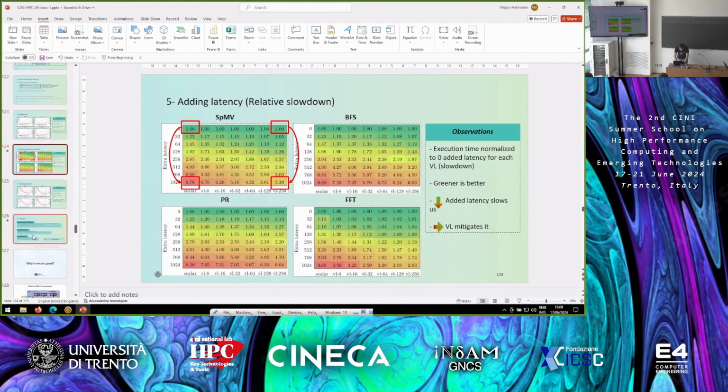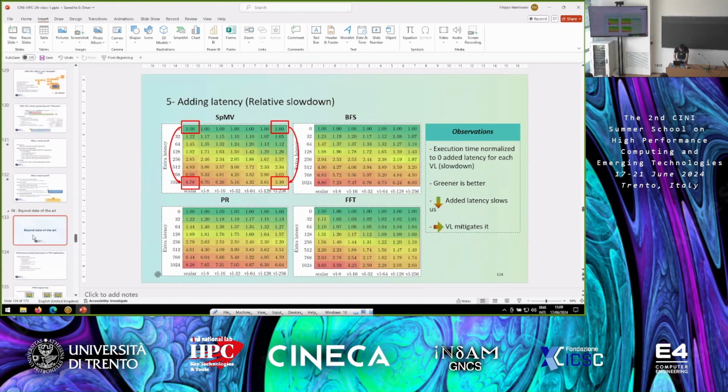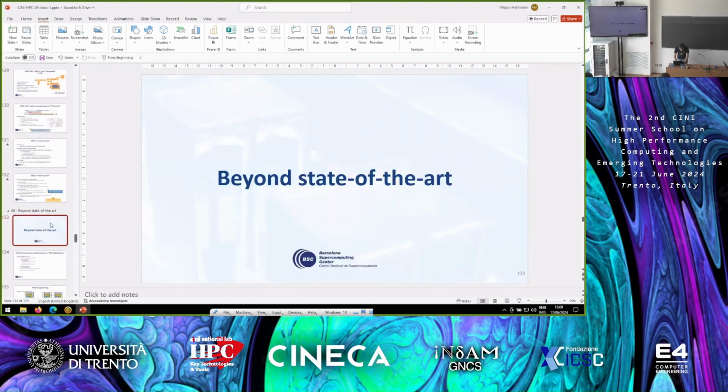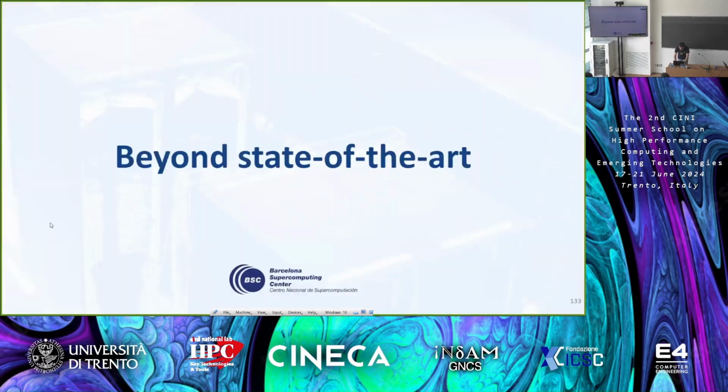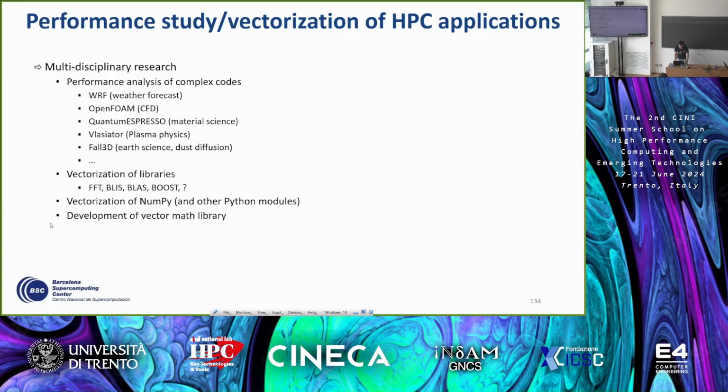Okay, and I go to what I called beyond state of the art, because I want to finish with a little bit of ideas. If you are in performance optimization study and vectorization of applications, there is multidisciplinary research in the style of the CFD code that I showed you, right?